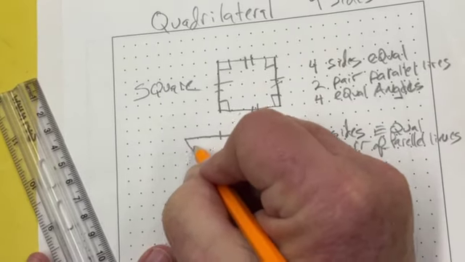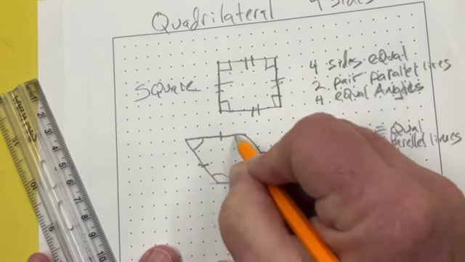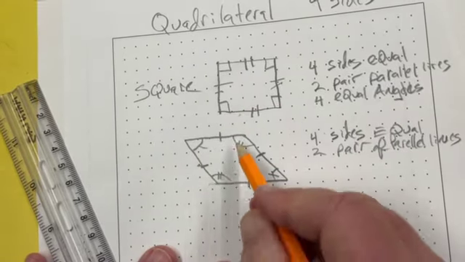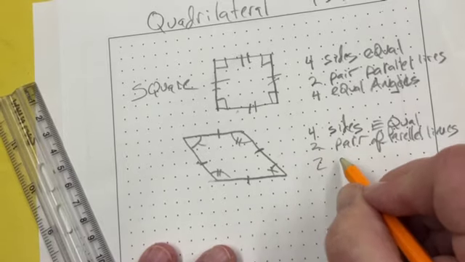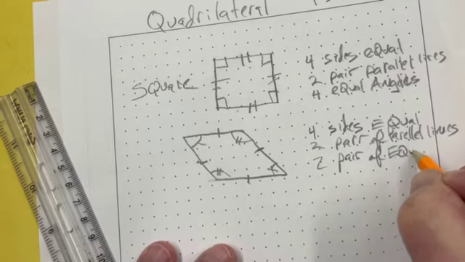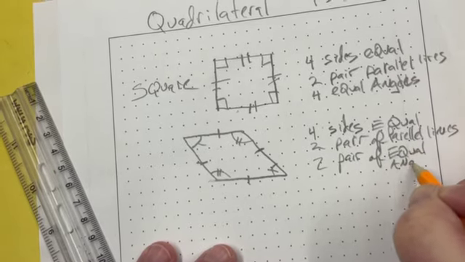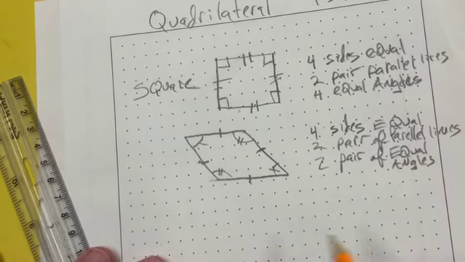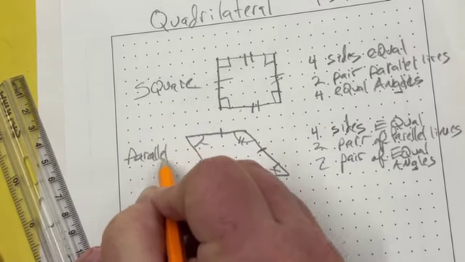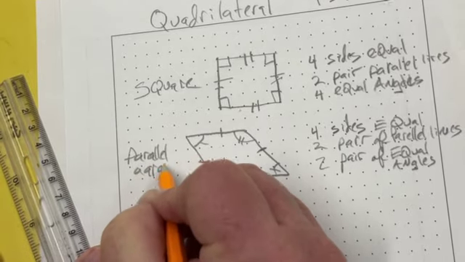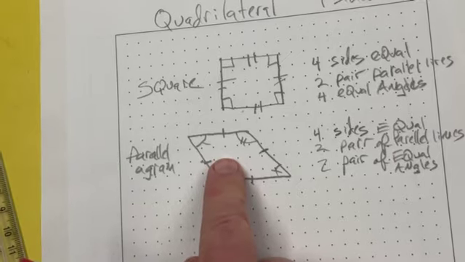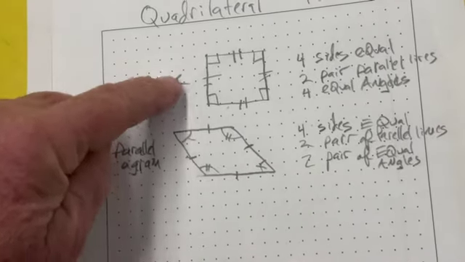But these angles are equal, and these angles are equal. I can use the same nomenclature to show that those are equal. I have two pair of equal angles. And this one we call a parallelogram. All right, so we've got these first two. Square, parallelogram.